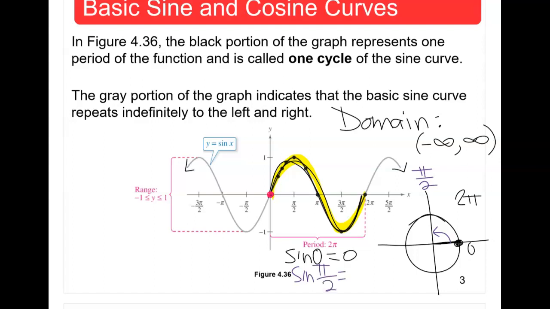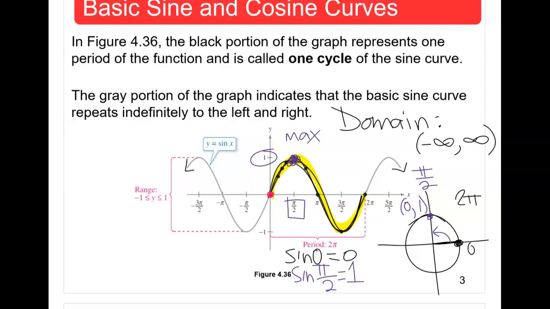And so the coordinates at this point happen to be (0, 1). So because of that, the sine of pi over 2 is equal to 1. If the input was pi over 2, the output will be 1, and that is the point that we see here. In fact, that will be considered a maximum point.